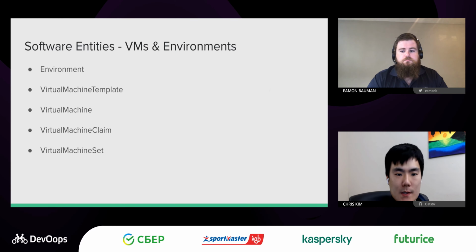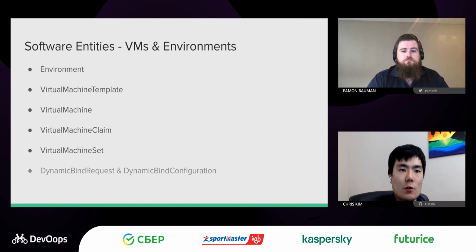We would use a virtual machine set to define that we want 20 identical virtual machines. And we have a controller in the background that, when the old virtual machines are retired, so a user is done using them, the virtual machine set controller will go and reconcile that and add a new virtual machine in its place to keep a desired quantity at 20, for example.